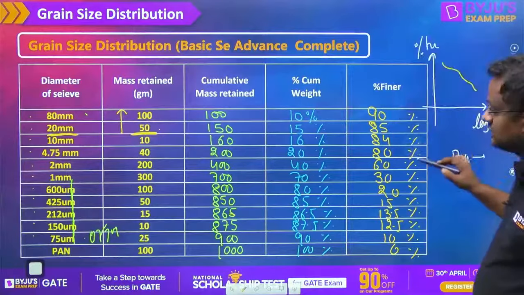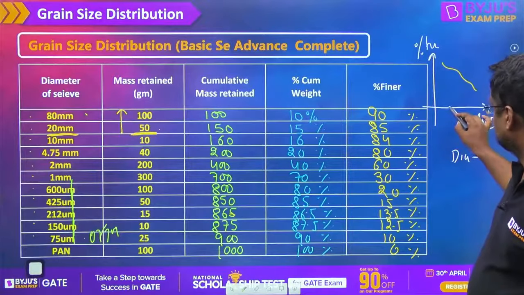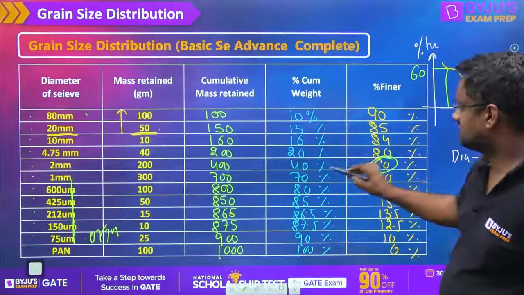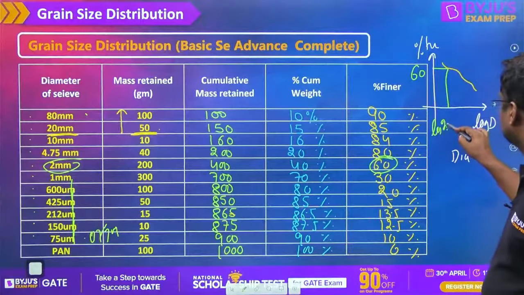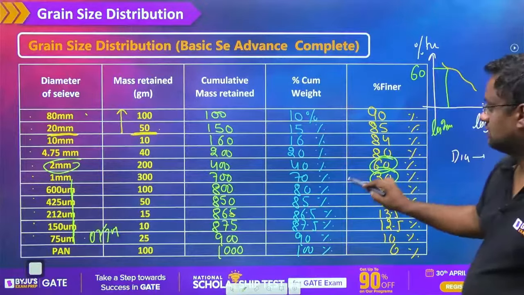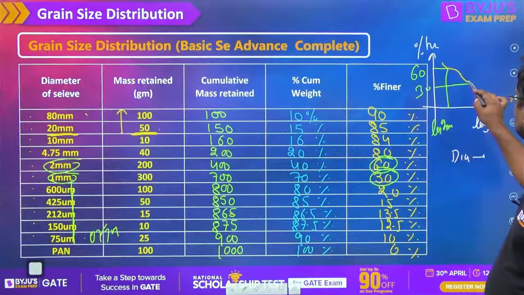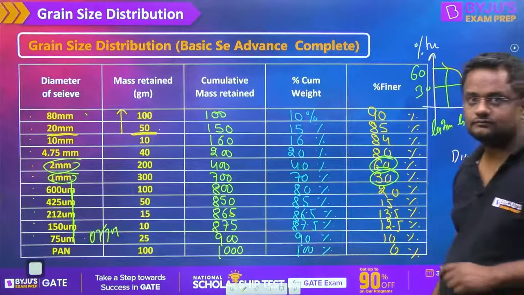Now see, D60. Percentage finer 60. D60 is 2 mm, so log 2 mm. Now for 30%, the diameter is 1 mm, log 1 mm, like this. Okay, got it?